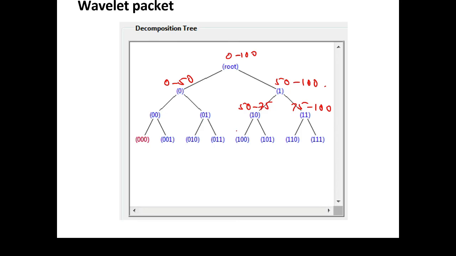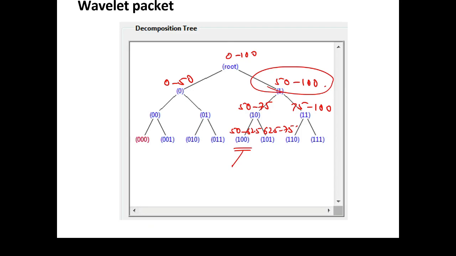We can again break it down, say 62.5 and 62.5 to 75. So it is within this region, and we can again start breaking it down. In the previous case, what was happening? We were eliminating all these frequency components. So this wavelet packet gives us an opportunity to improve the frequency resolution. The higher you go, the better the frequency resolution.